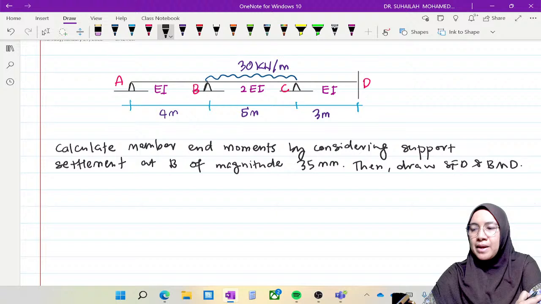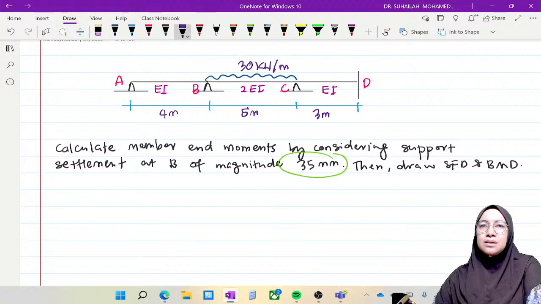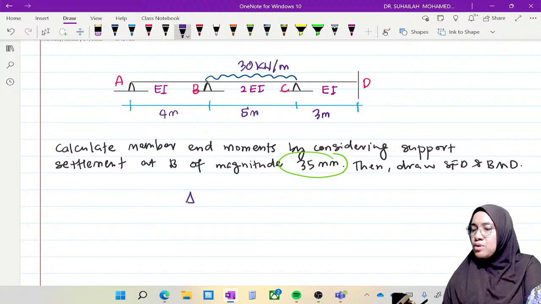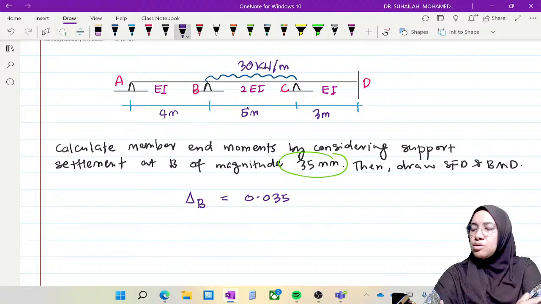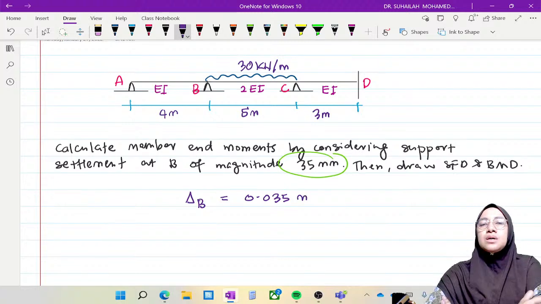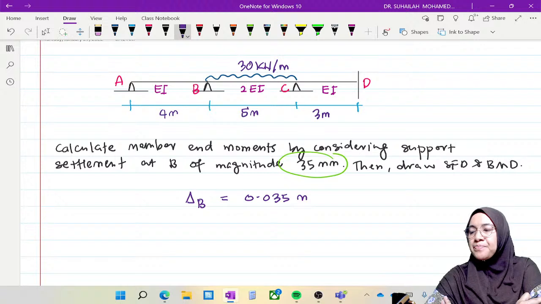So by having this support settlement, there is a delta at position B, which is equivalent to 0.035 meter.